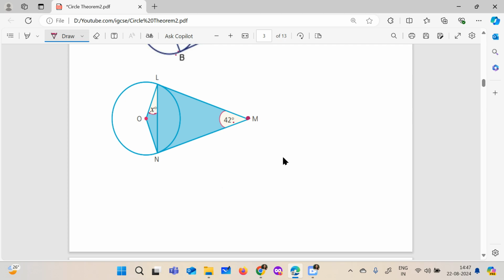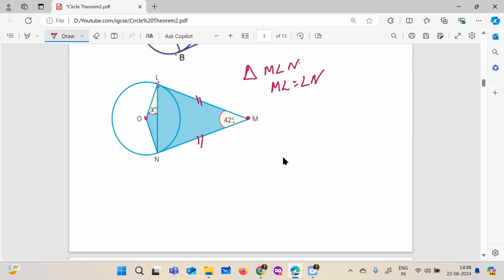We know that this is a tangent. Because this is a tangent, this is 90 degrees, because radius and tangent form 90 degrees. Okay, this is one thing. Another thing we can say is, consider triangle MLN.